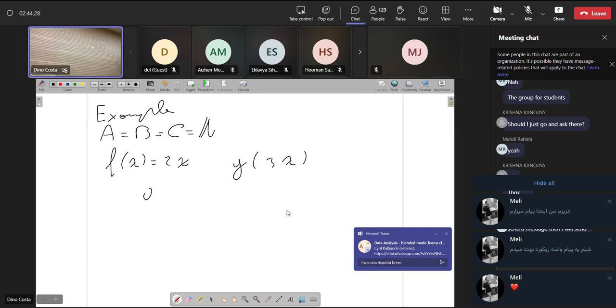Now you can see that g composed with f is a new function that is 6 times x. Not so clever, but it is the composition. If we take the number and double it, and then take the result and multiply by 3, it is the same as multiplying by 6.